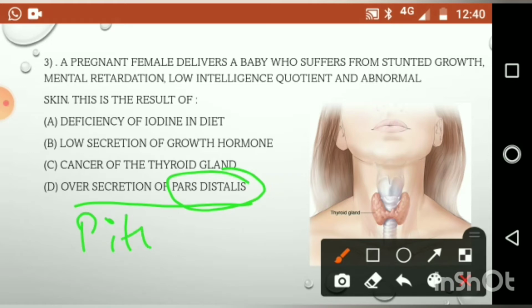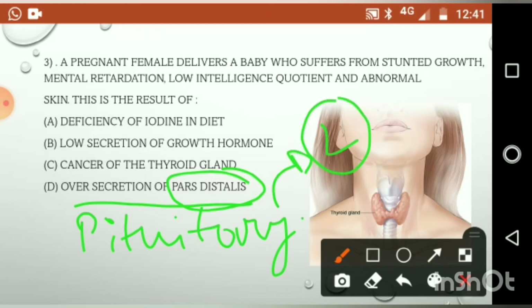Now the pituitary gland, which we call the master gland, has two parts basically.